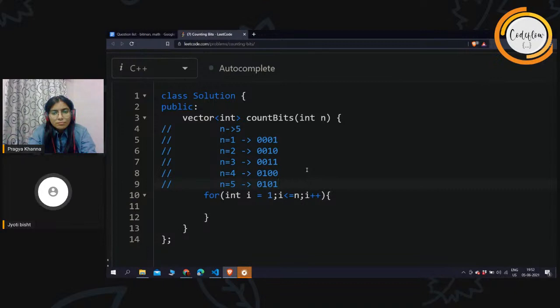Okay, how many set bits are there in one? If I write set bits as a topic over here, how many set bits does the first number have? It has one, right? In second, it has one again.